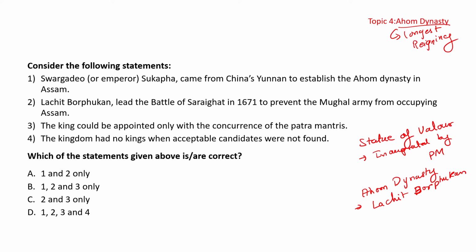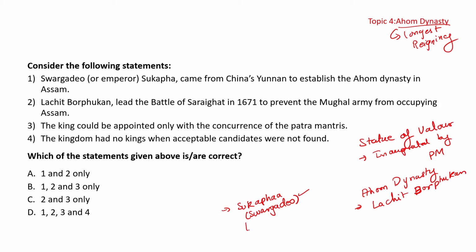Alright, now what basically do we have to know about the Ahom dynasty with respect to examination? First and foremost, this dynasty was established by a king called Sukapha. Alright, Sukapha, also known as Swargadev in India.